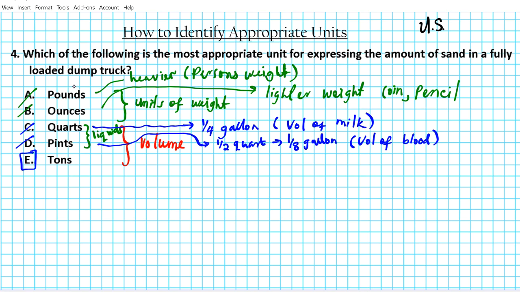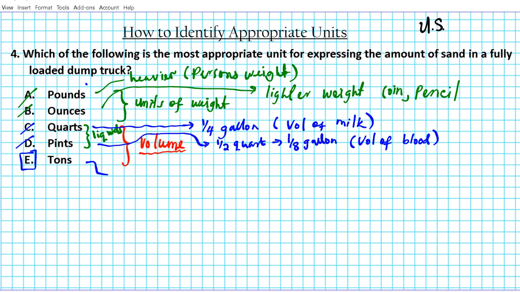We're talking about sand in a loaded truck. We're talking about volume, and sand is not a liquid. Sand is a solid. So in the context of the measurement of sand, basically a freight, something that's been transported, tons would be an excellent unit to consider.